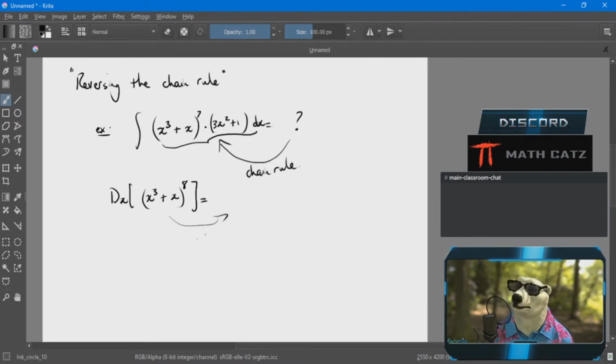So the chain rule works this way and creates two parts. The first part is the derivative of the outside function. Okay. Second part is the derivative of the inside function. 3x squared plus 1. I see the key pieces there.